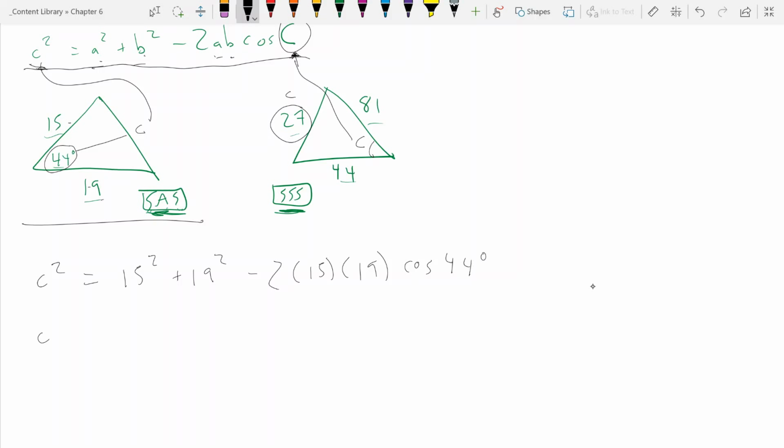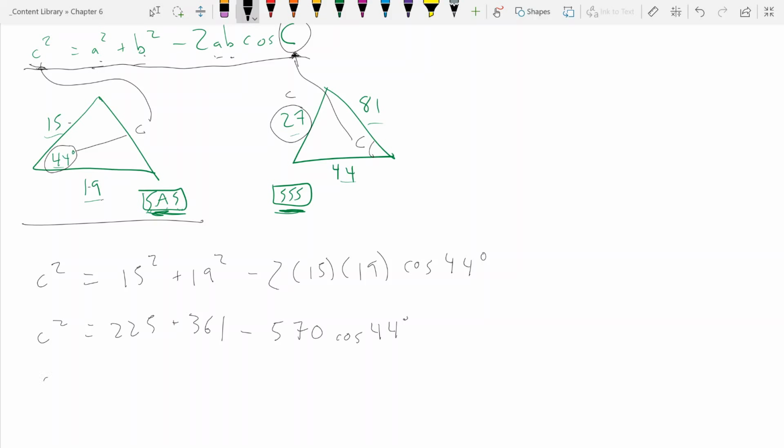Now I'm going to simplify it a little bit to make it easier for us. So we got 225, 361, 570 cos 44. Okay.